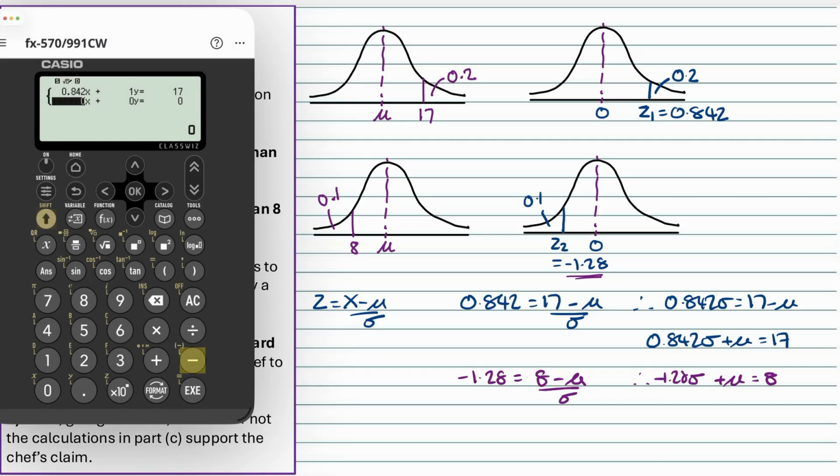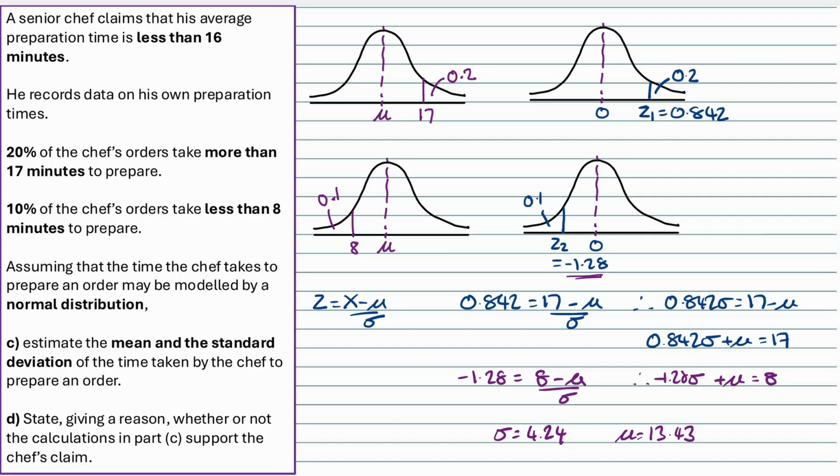So negative 1.28, 1 and 8. Convert that to a decimal. So sigma will be 4.24 and mu will be 13.42 or 13.43. Okay, so that's question C.